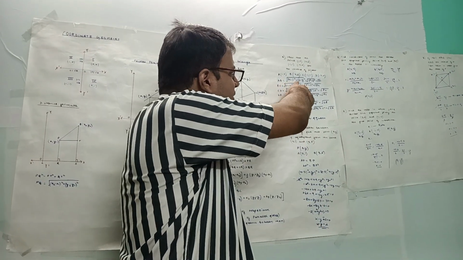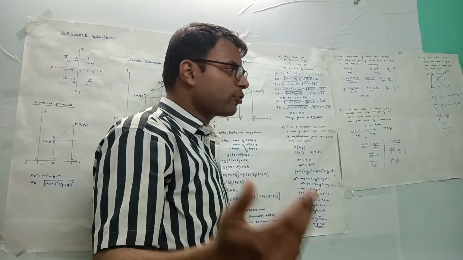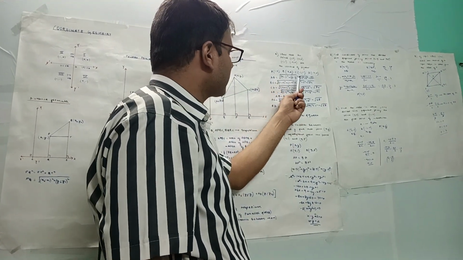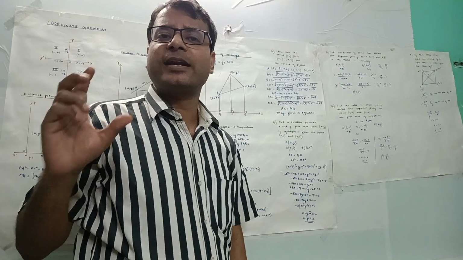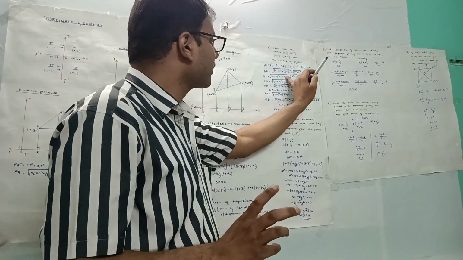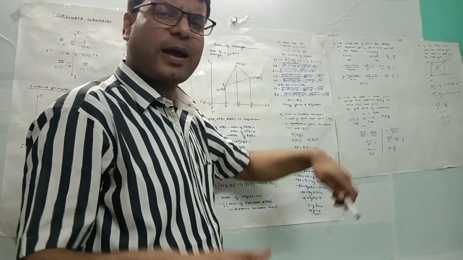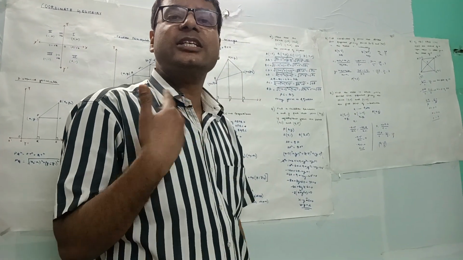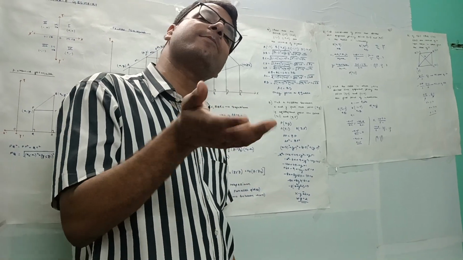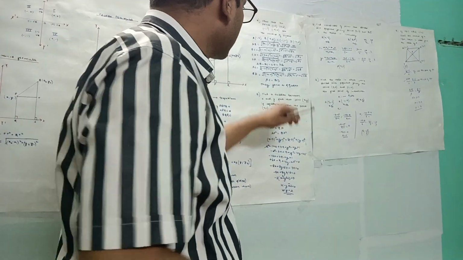So AB is the square root of (4 minus 1) squared plus (2 minus 7) squared. 4 minus 1 is 3, and 2 minus 7 is minus 5, but on squaring it becomes plus 25 because minus into minus is plus. 3 squared is 9, 5 squared is 25, 25 plus 9 is 34, so AB is the square root of 34.